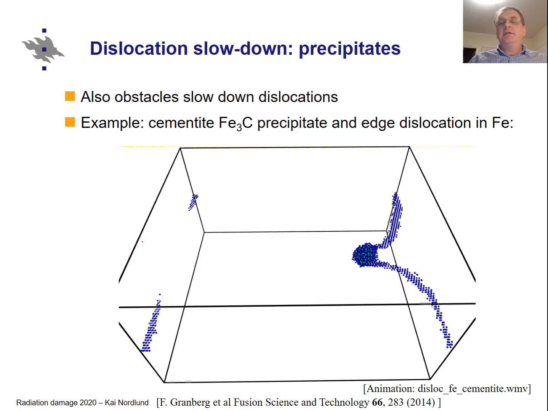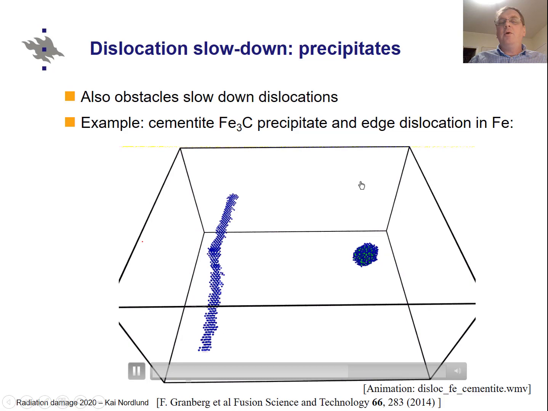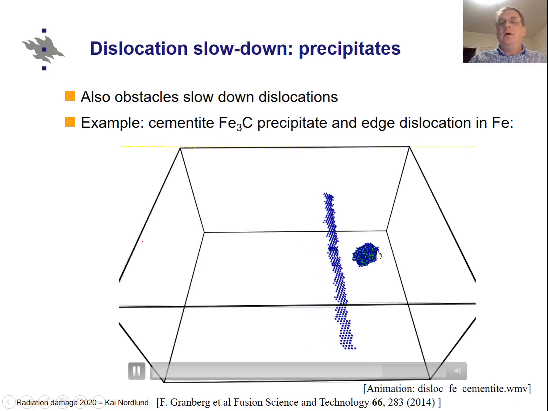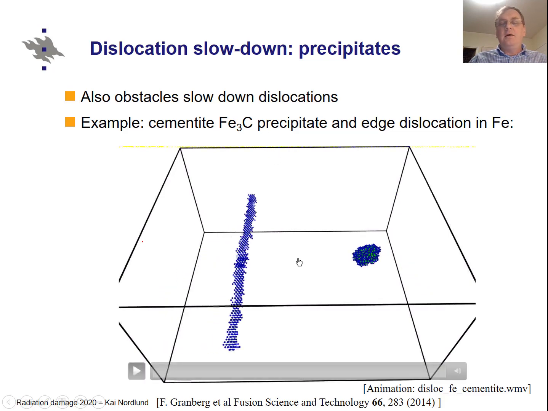And this is just one example of many, many simulations which are nowadays going on to understand how dislocations created by irradiation or otherwise interact in materials. This example here is quite important actually, because real iron quite often does contain cementite precipitates or cementite slats. But this is something where the knowledge is by far not complete.